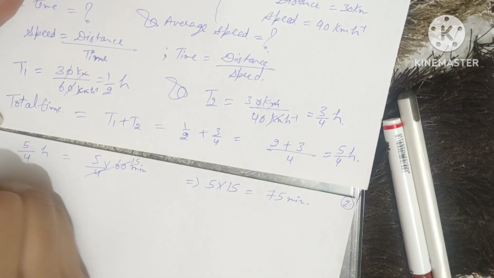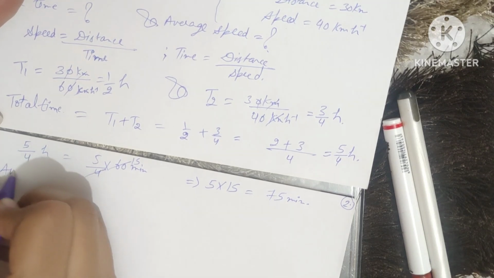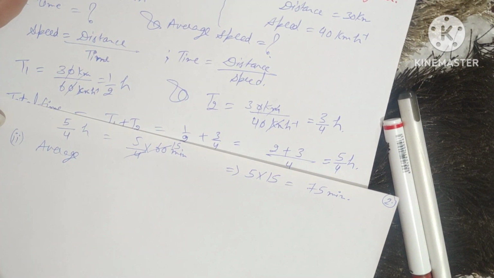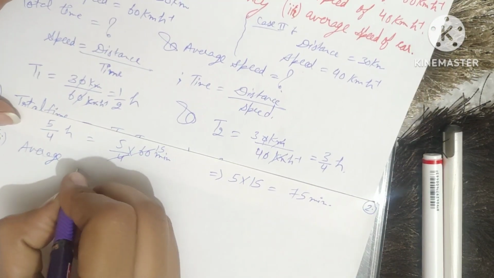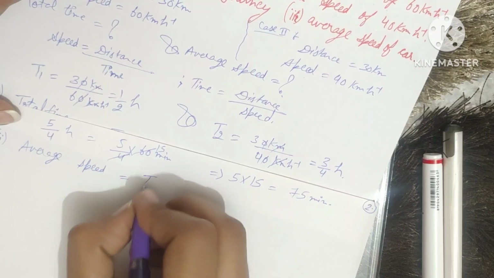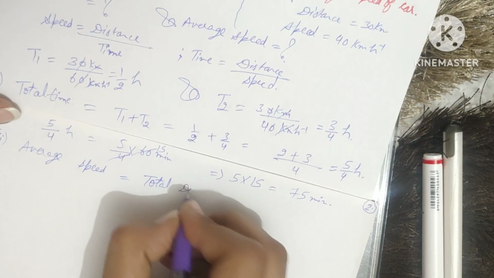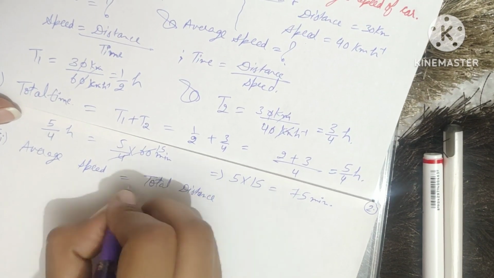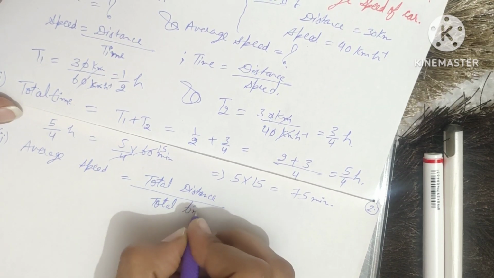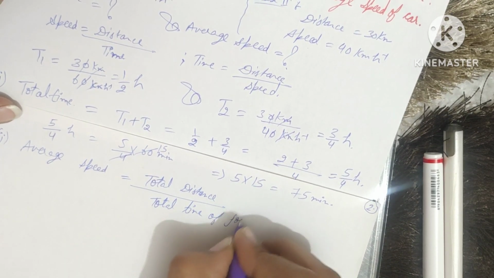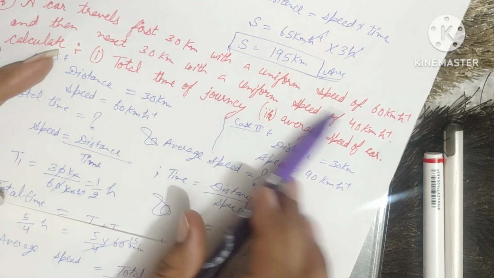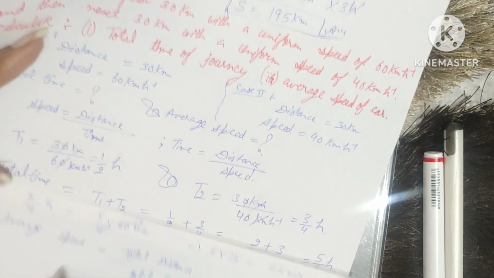The next, second part is the average speed. For the average speed, we know the formula is equal to total distance covered or traveled divided by the total time of journey. So what is the total distance? It is 30 and 30, that is 60 in total.